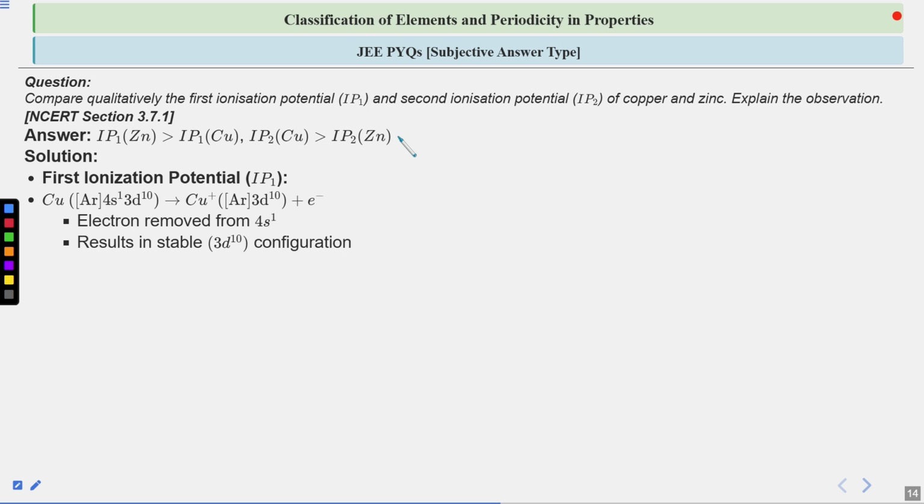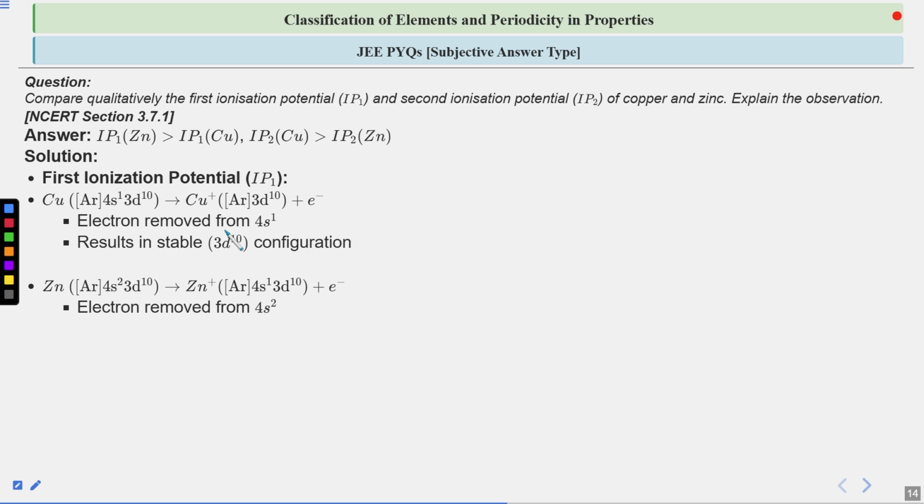Let us now compare it with zinc. Think about the zinc configuration. It is 4s2 3d10. As soon as you remove the electron, you are not moving to a stable configuration like 3d10.